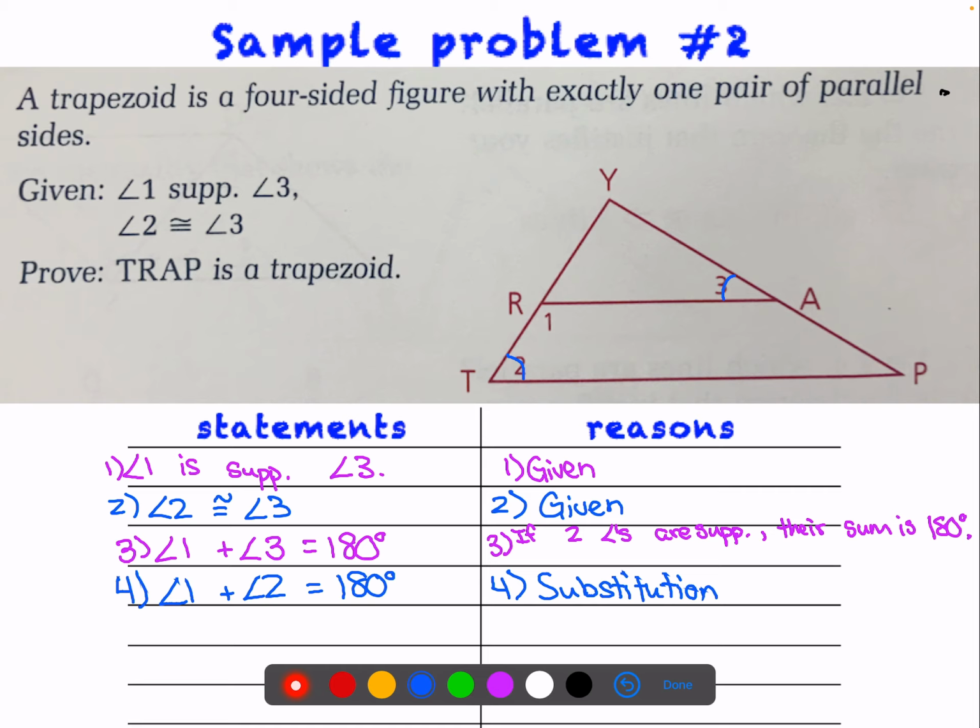Next up, if they add to be 180 degrees, then I can say that they are supplementary angles. So for number 5, I can say angle 1 is supplementary to angle 2. My reasoning for that: if two angles add to be 180, they are supplementary.